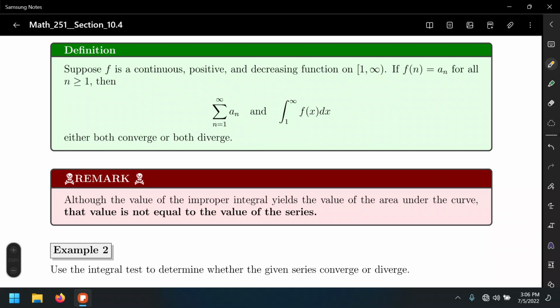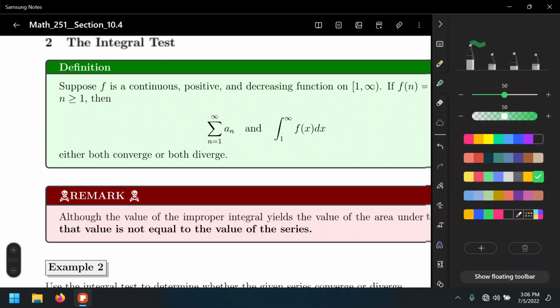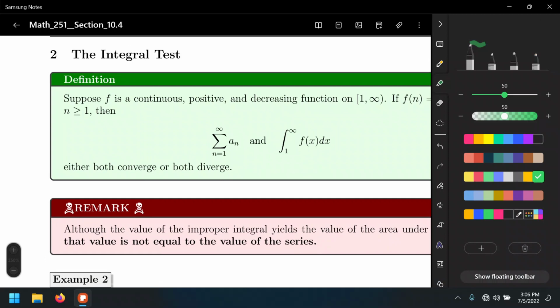However, there are conditions in order for us to be able to use the integral test. Number one, we can use the integral test if the corresponding function of x is continuous on the given interval. Number two, it's positive. And most importantly, a decreasing function.